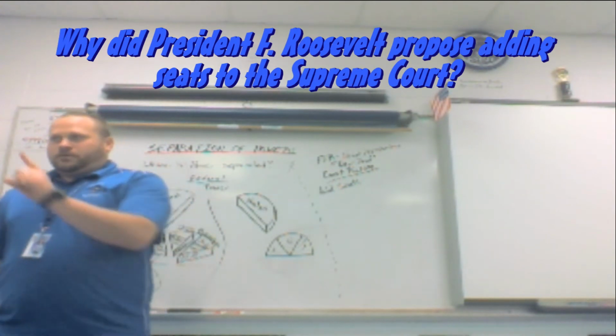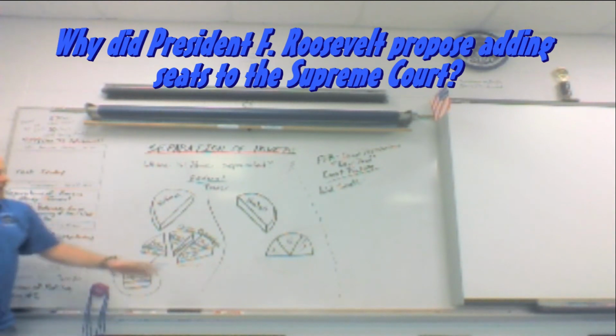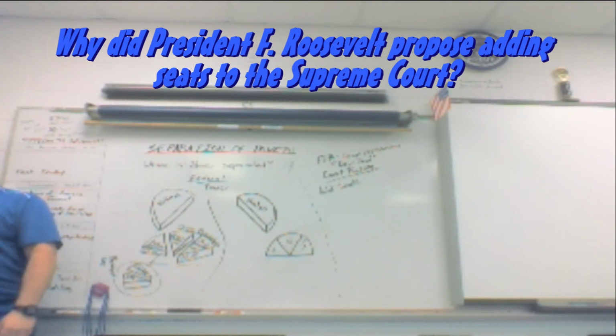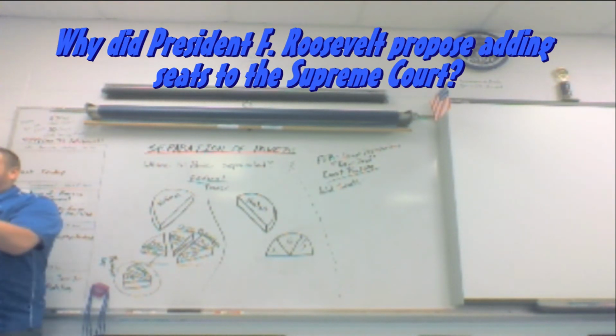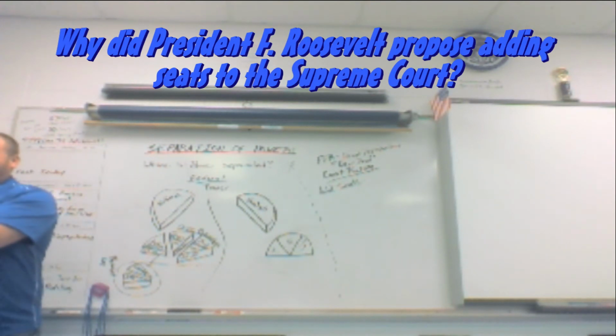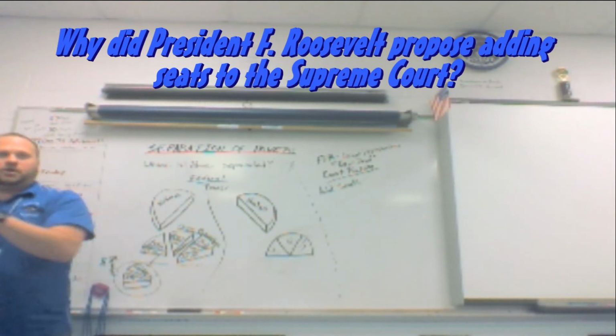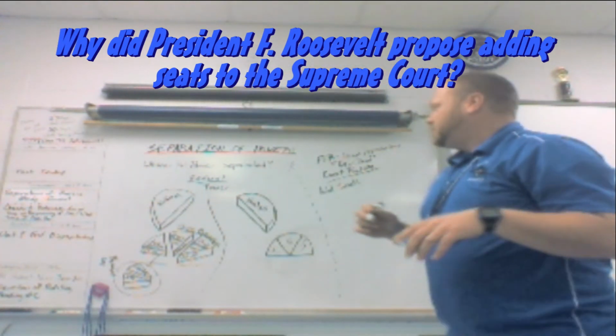Following? Okay, so these two branches are passing laws all over the place. A bunch of them get stricken down by the Supreme Court. Now, this is the reason why FDR wanted to add these seats. Yeah, a lot of them are older from the Republican Party, from the previous regimes. Who chooses, let's go here too, who chooses the Supreme Court justices?